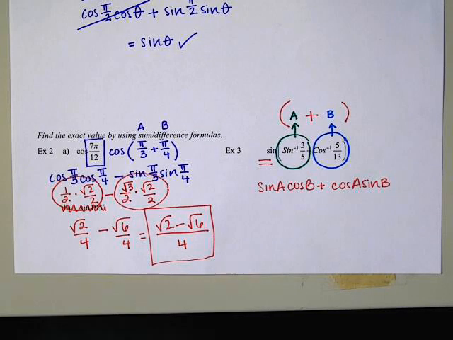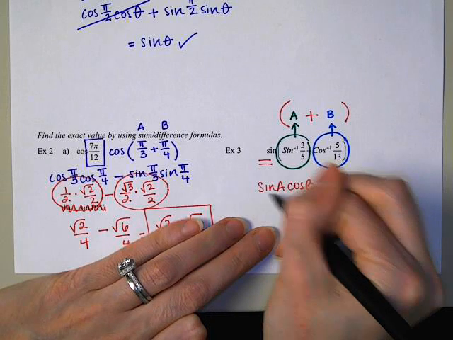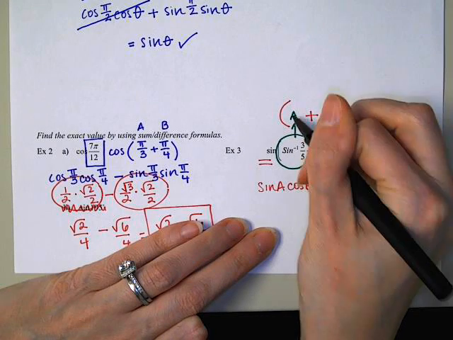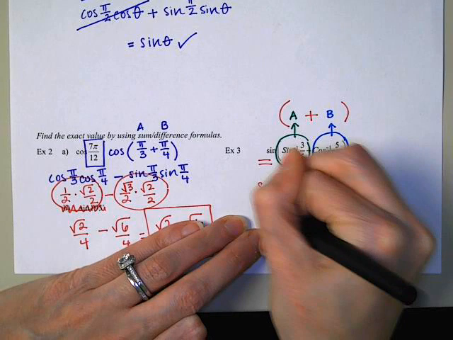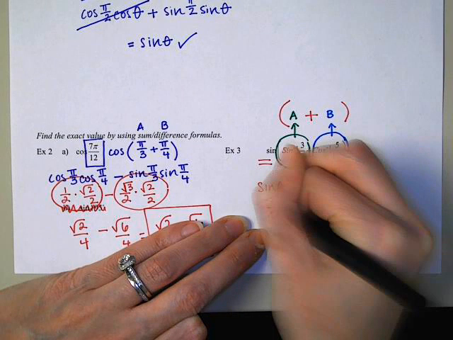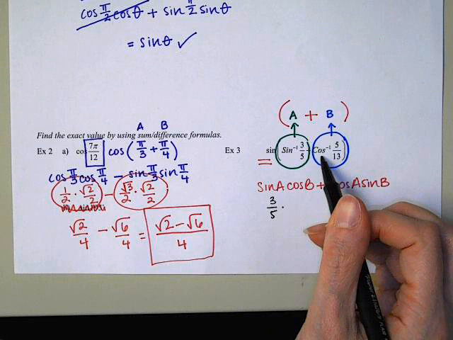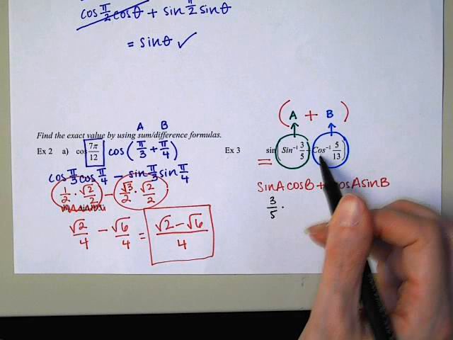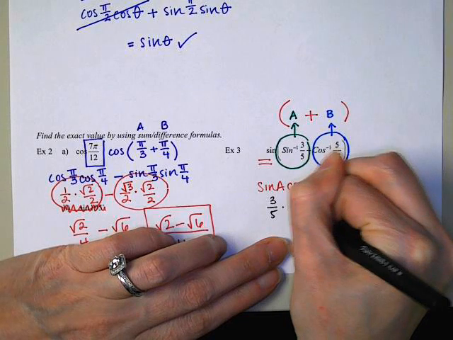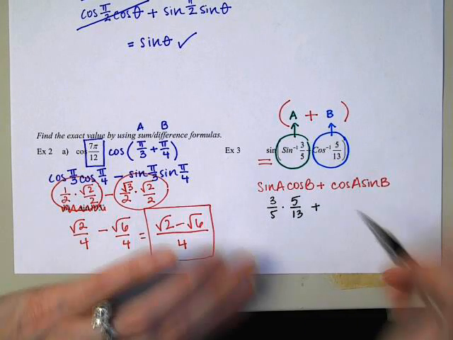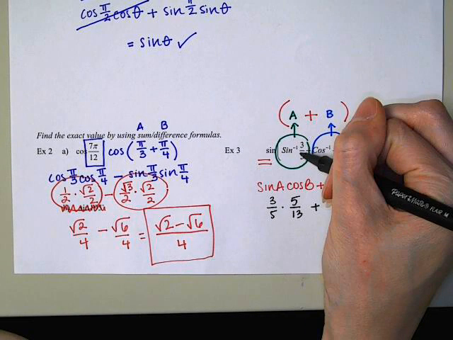All right, now we just have to find all these values. So let's see, sine of A we know is going to be 3/5. Cosine B is going to be 5/13. Those were given. Plus. Now, what's cosine of A?